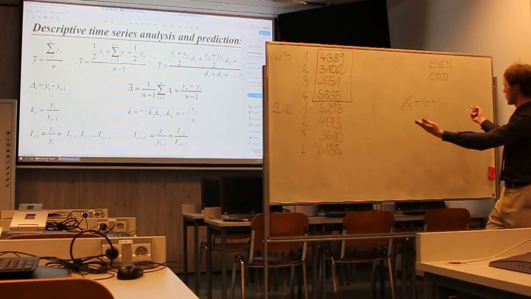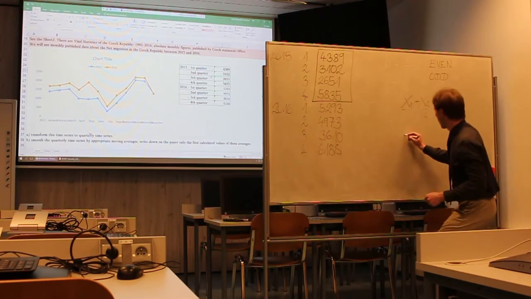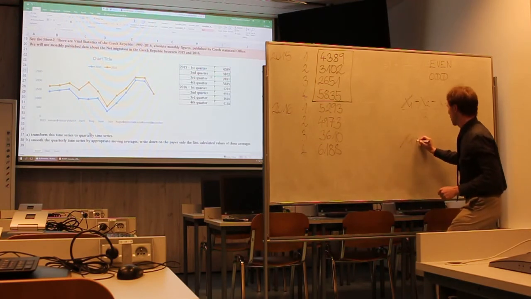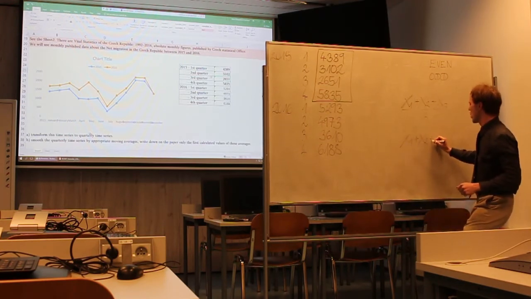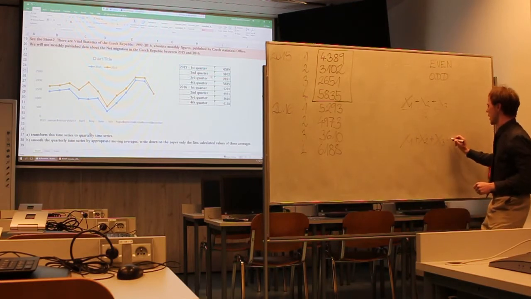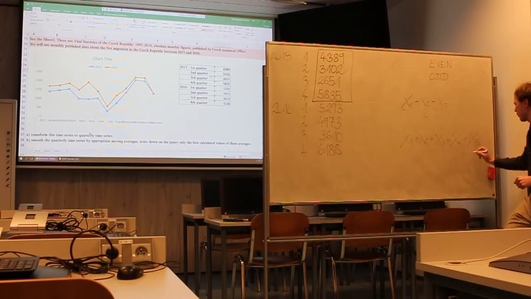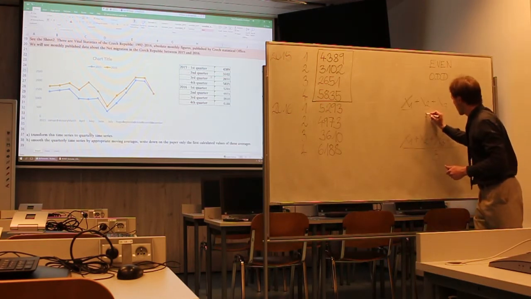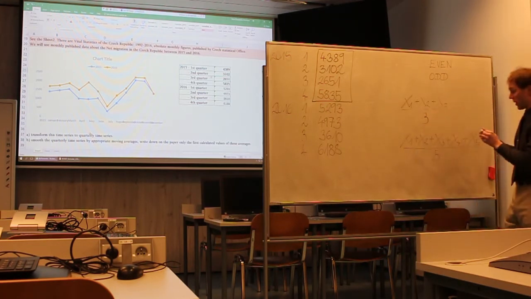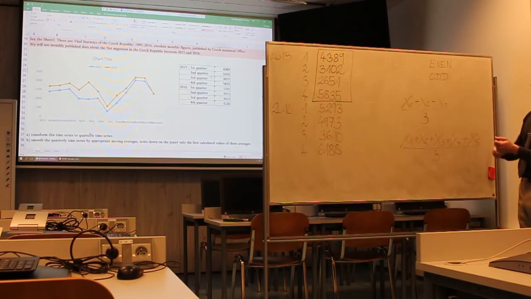Moving average with the length 5, for example: x1 plus x2 plus x3 plus x4 plus x5 divided by 5, etc. There we can see moving averages. But this is a quarterly time series. We must use a moving average with length 4.